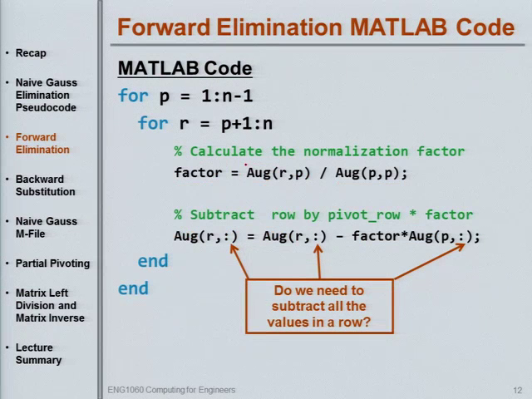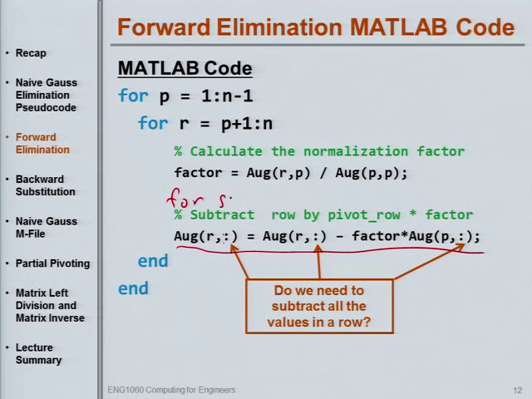So the question is, this is a nice way of actually doing it to an entire row using a nice MATLAB syntax, which is using a colon instead of a range. What you actually could do is you could put this, if you wanted to, inside another for loop.